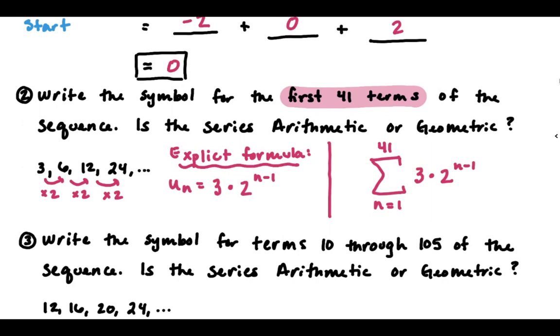So if it helps you, we can label these parts again. So this is the start. This is where we stop. And this part is the explicit formula for the sequence.